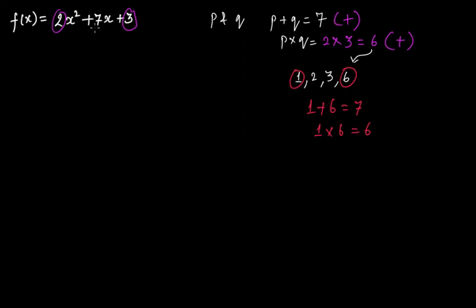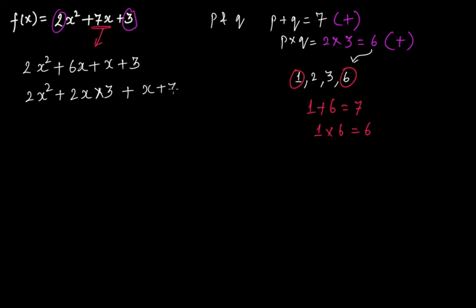It means that if we split this 7x, you get 2x squared plus 6x plus x plus 3. Now this 6x can be written as 2x multiplied by 3. Any problem? 6x is 2x multiplied by 3, plus x plus 3.